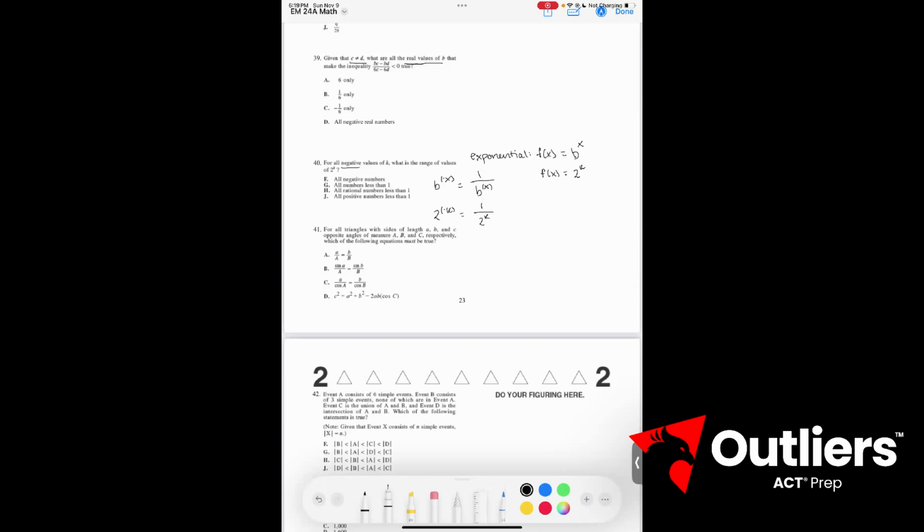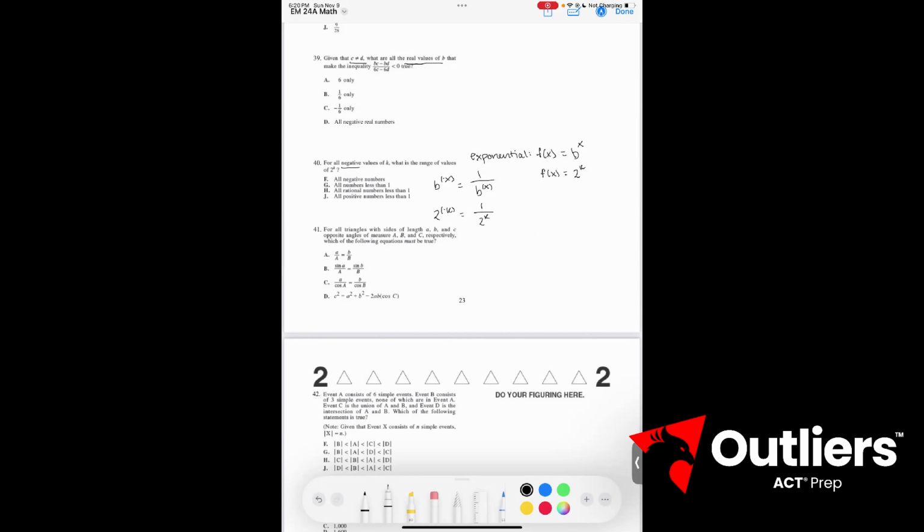And when we look at this, we see that we have 2 to the k in the denominator. So as we plug in any value for k, we could say 1, 2, 3. As that value of k gets bigger, our denominator is going to get bigger. Because if k equaled 1, we would have 1 over 2 to the first, which would just be 1 over 2.